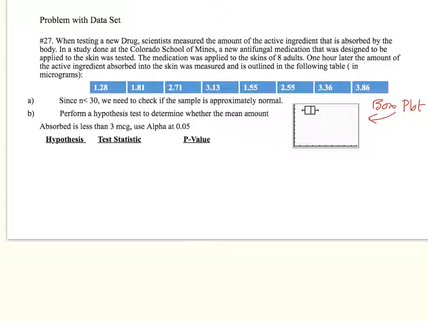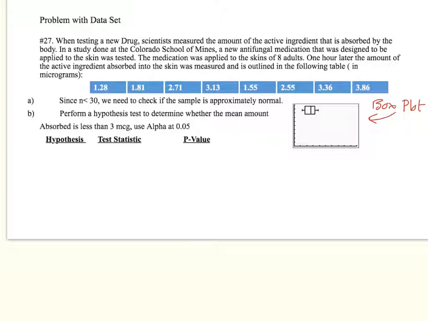There are no outliers, and the box plot looks approximately normally distributed. So now we can continue on with the test. Also, if we were using Excel, we would find what the skewness is, and if the skewness was between -1 and 1, we would say it's approximately normal, and we would go from there.